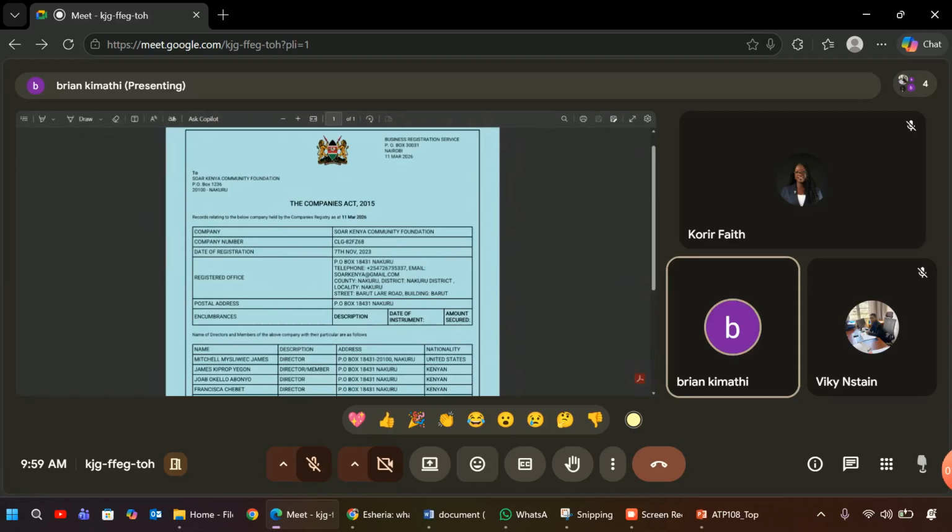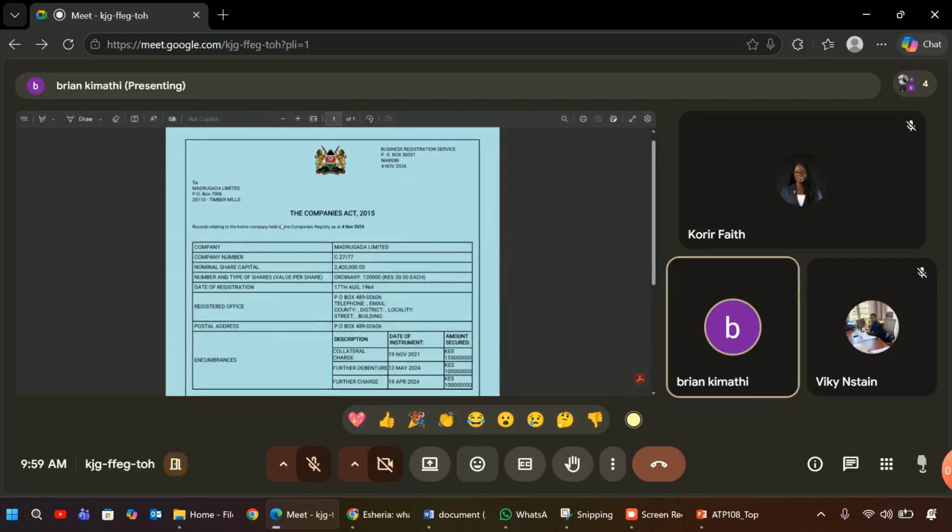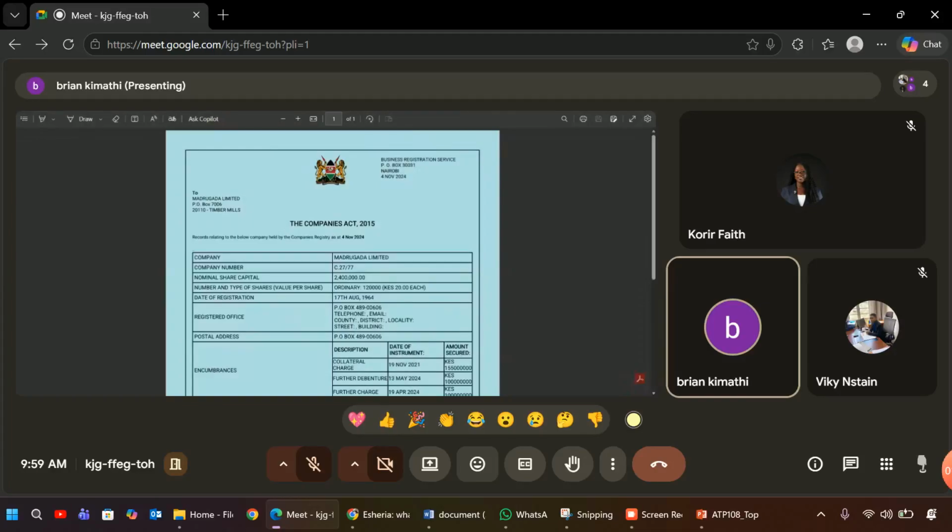Ndio hii hapa nimepata. Now this is a public company. And it is allowed to remove in the word public company. A public company is not publicly owned, but it is a public company.